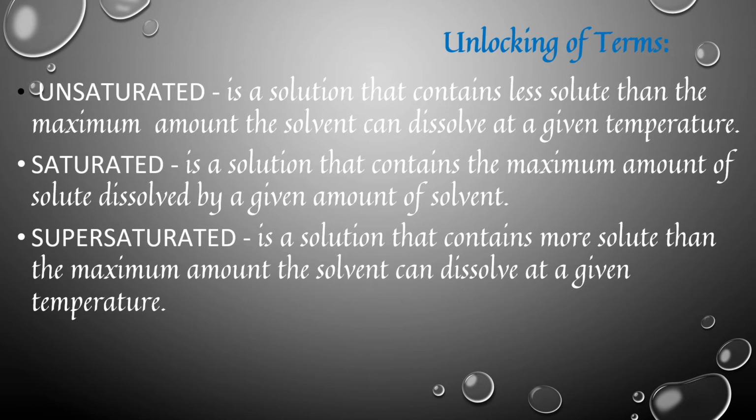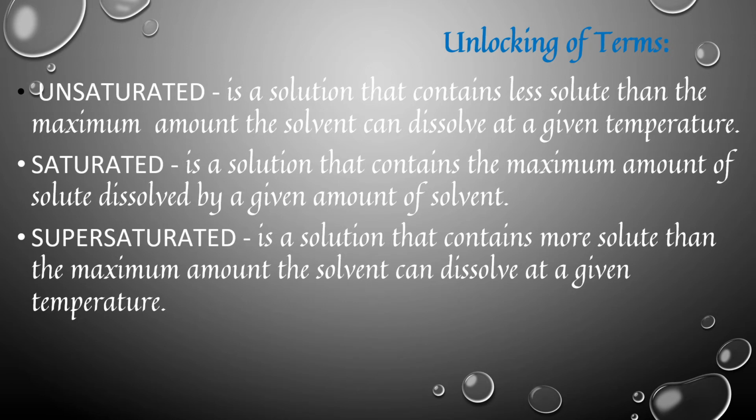Pag sinabi natin saturated, it is a solution that contains the maximum amount of solute dissolved by the given amount of solvent. Pag sinabi natin supersaturated, it is a solution that contains more solute than the maximum amount of solvent that can dissolve at a given temperature.